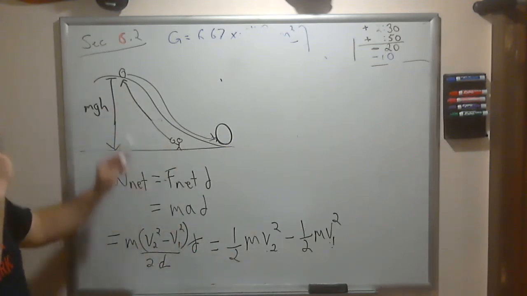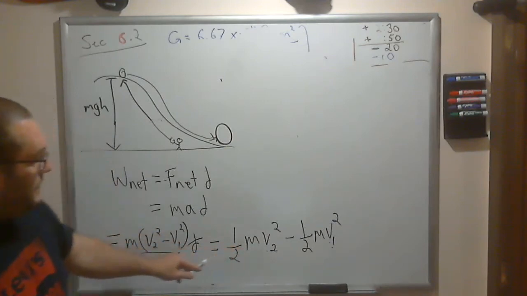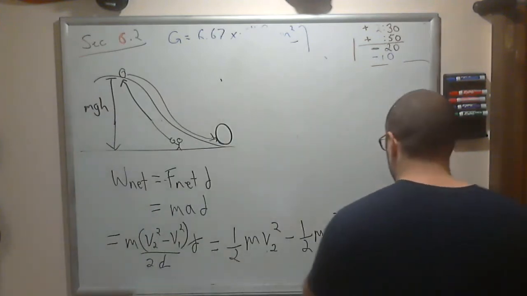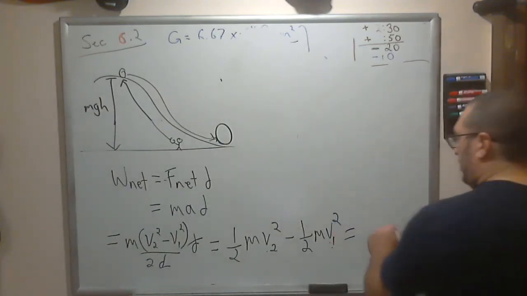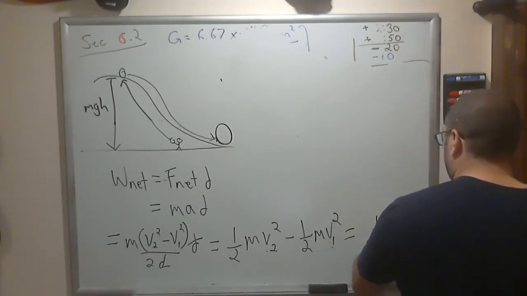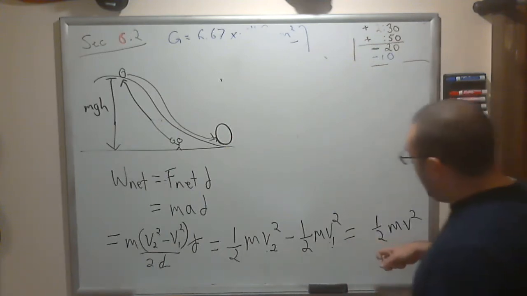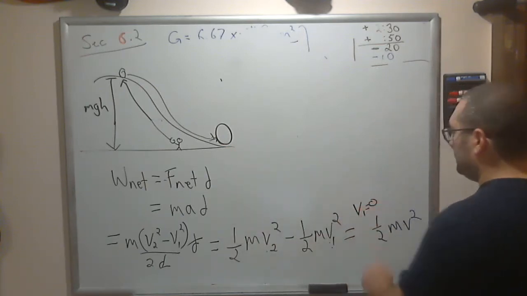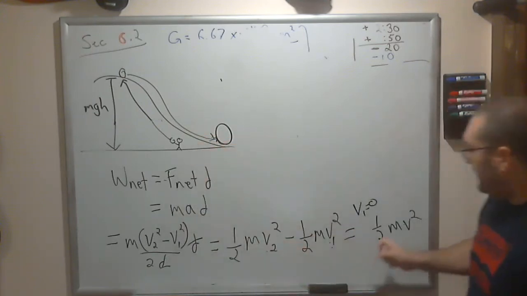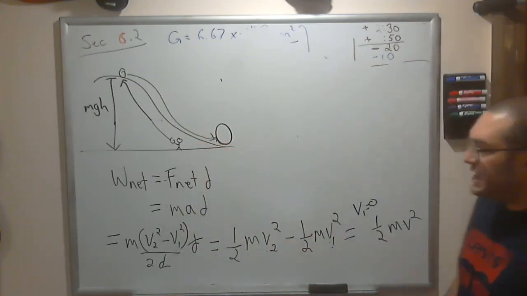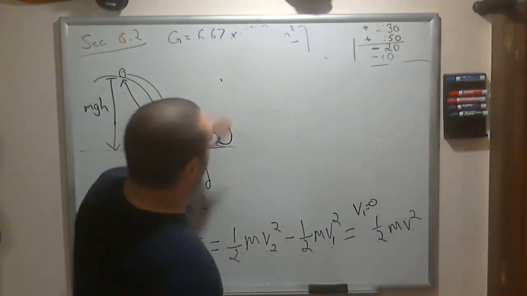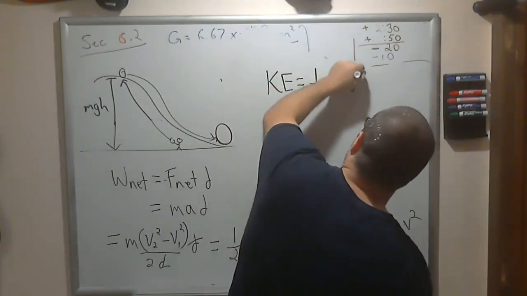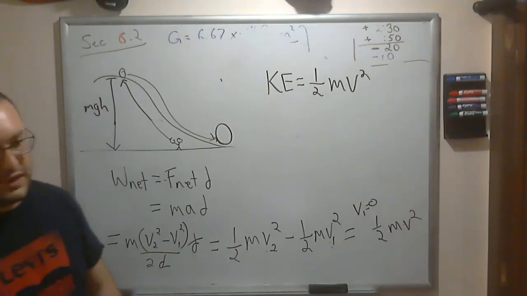If it initially starts at 0, that means all the work goes into its velocity, and we could calculate the net work by using its velocity. So the energy associated with this ball when it reaches the bottom is this. This is how much energy it has. This is called the kinetic energy. We'll use it over and over again. So the kinetic energy of the ball is given by one half m v squared.